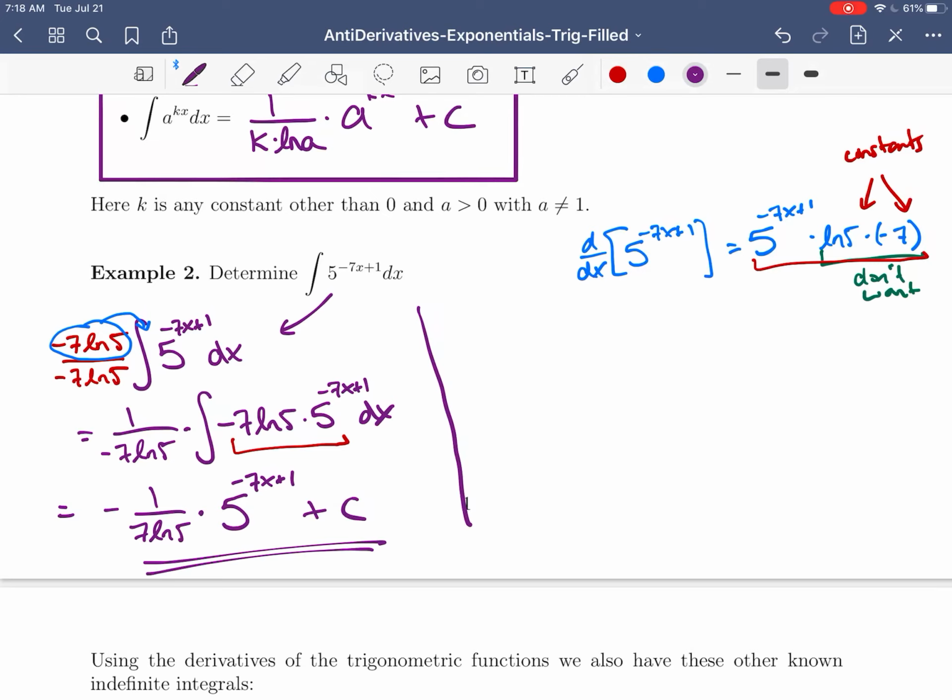Or if you use the rule, we would just know that this is, we can go straight to the answer here. Maybe I'll just write it.